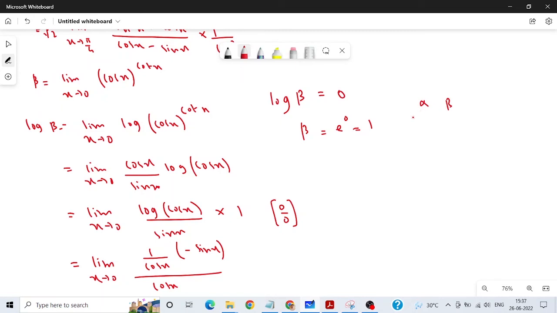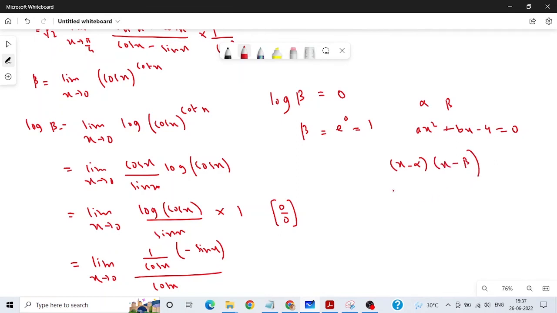Alpha and beta are the roots of the equation ax square plus bx minus 4 equals 0, and this is a quadratic equation, so it has only two roots, which are nothing but alpha and beta. So what is a quadratic polynomial which has roots alpha and beta? It is x minus alpha into x minus beta.